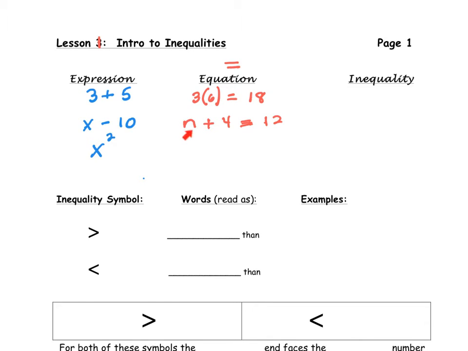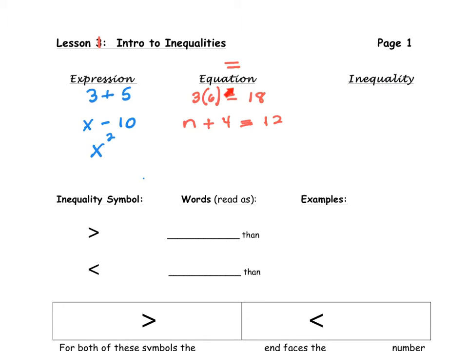And there's only one number that would make this equation true, because this side has to have the same value as this side. This side has to be 12, and so this n must be 8. So when we work with equations that are algebraic, we're given enough information to figure out what the value of the variable is. So now let's move on to an inequality.